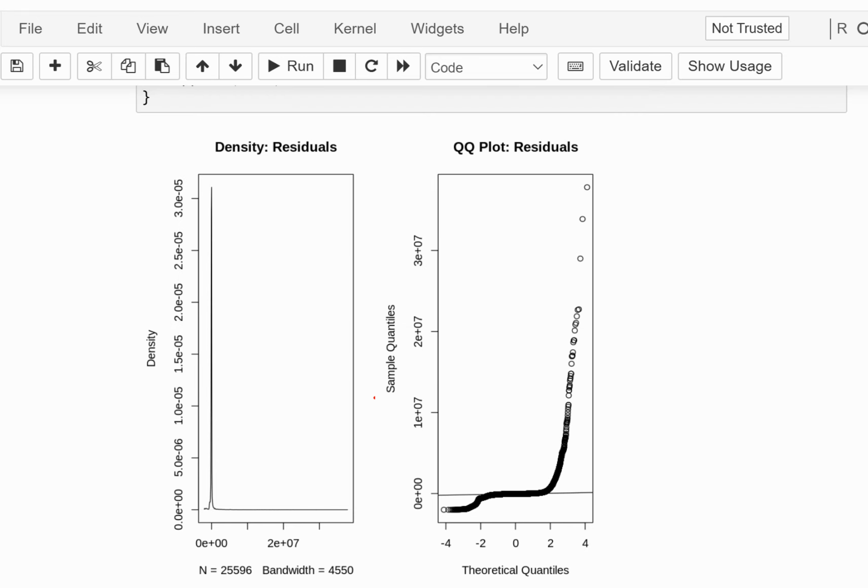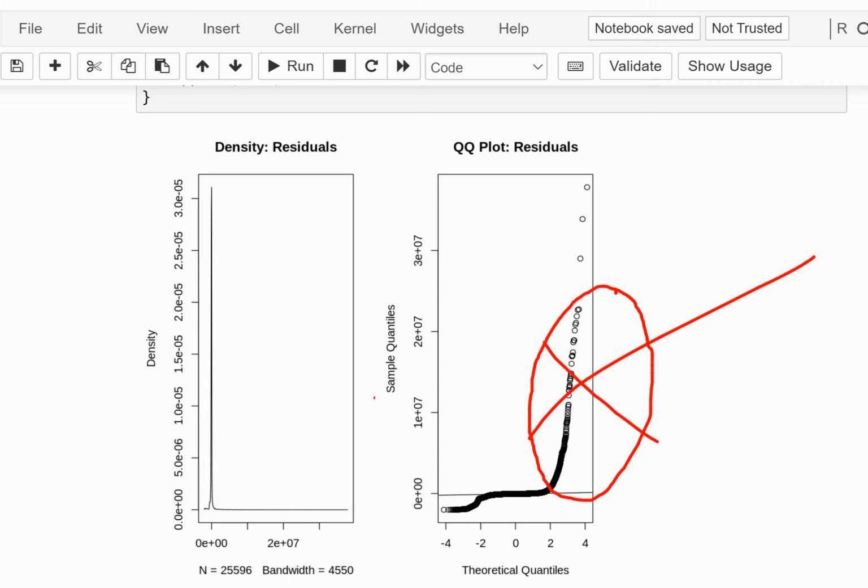What I try to do on the quiz and on the final project is, when you get one of these where you are supposed to fail the data verification, I try to make it really clear, like, ginormous deviation from the linear. Yes, definitely doesn't work. So I try not to leave you in that gray area. I try to give you a density plot or a QQ plot that's really pretty close.